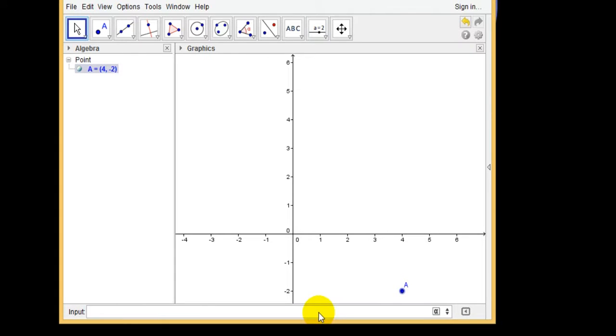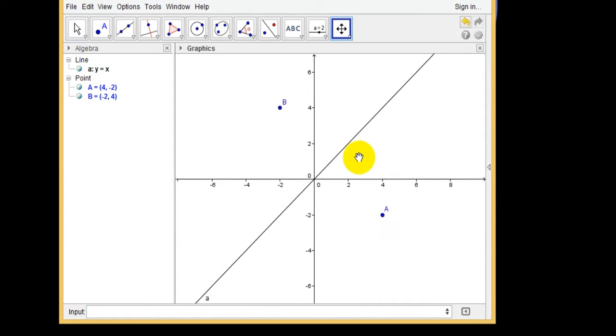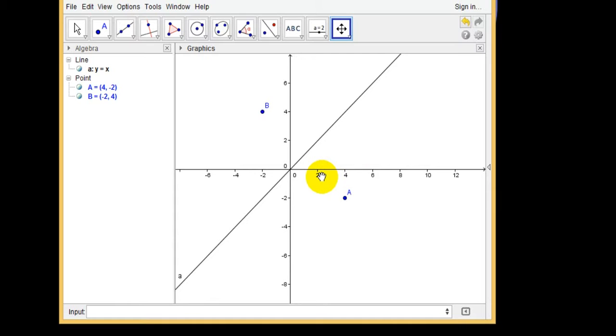And we have the transformation, the image is -2, 4. And let's draw the line y equals x. And you can see here that the two points are equidistant from our line. So it's definite that they've been reflected.